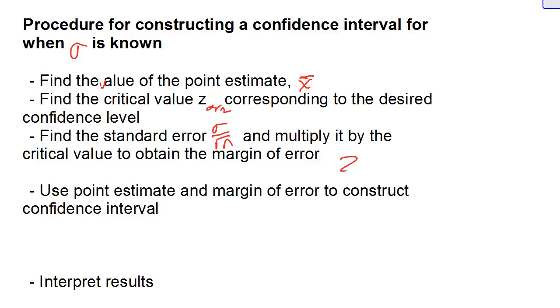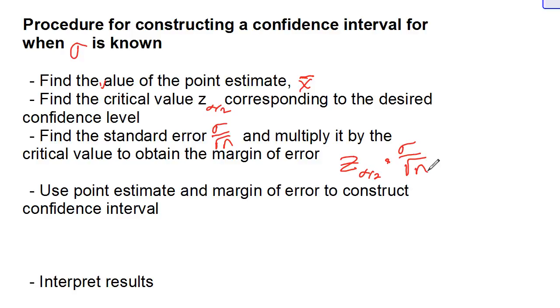Remember that the margin of error is our z alpha divided by 2 times that standard error of sigma divided by the square root of n. And so I want to find that margin of error.